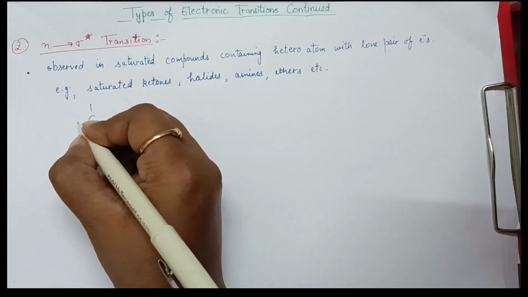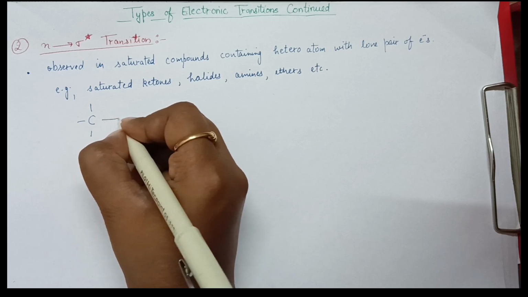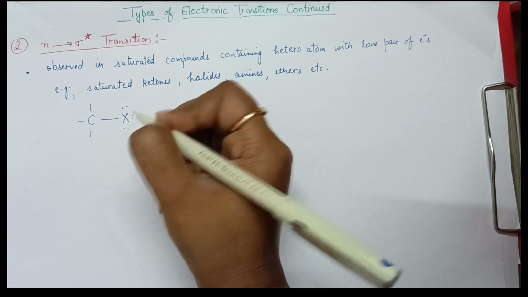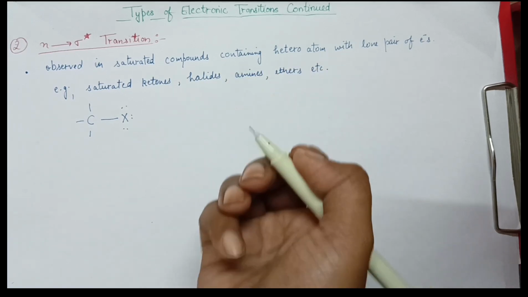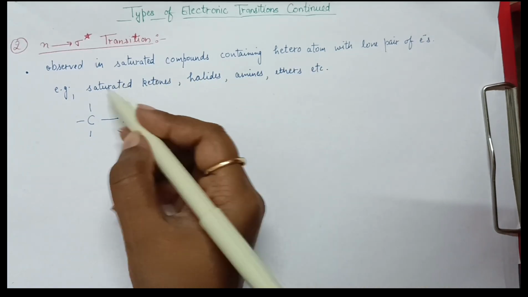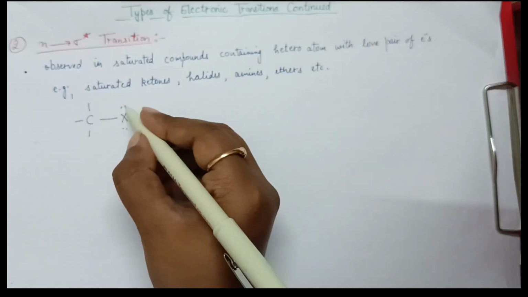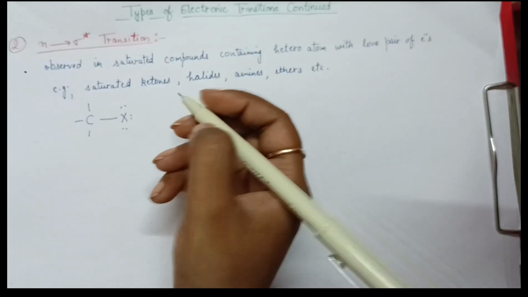For example, we will have a heteroatom, suppose any halide. These will show the n to sigma star transitions, and these will have lone pairs of electrons as well.